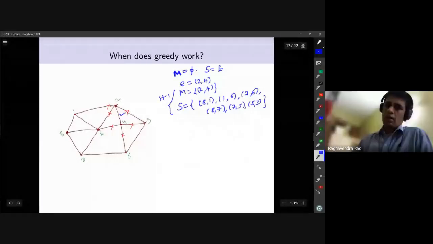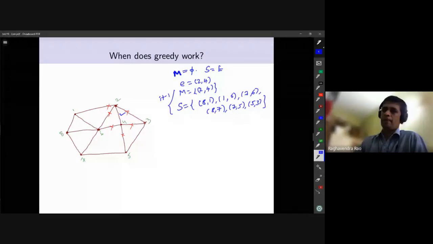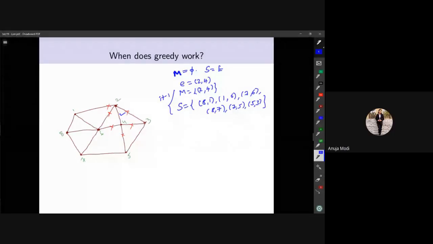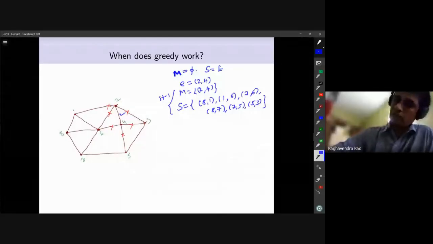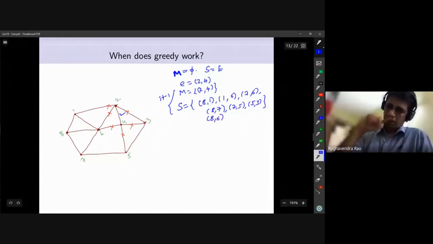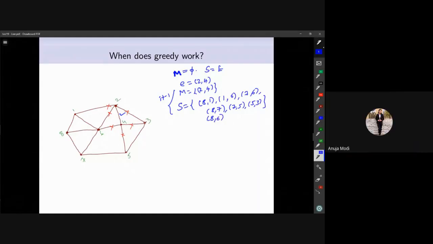Of the remaining graph, what edge should we pick? Sir, 8, 6 is also there. I missed it. Okay, sorry. 8, 6. Anything else did I miss? No, that much.